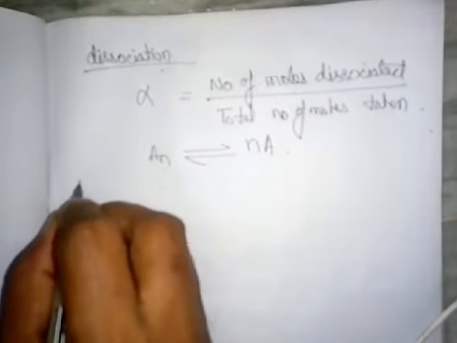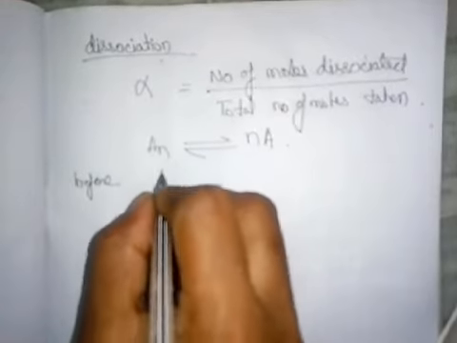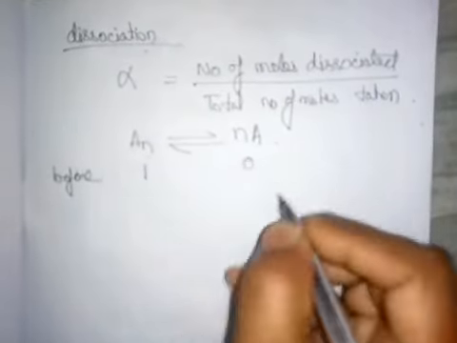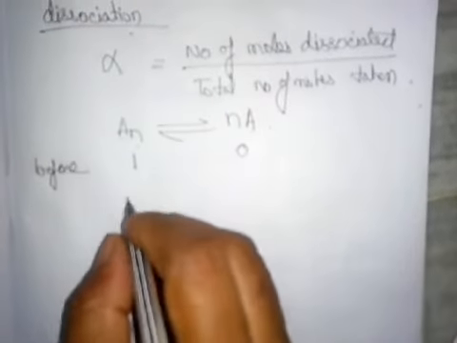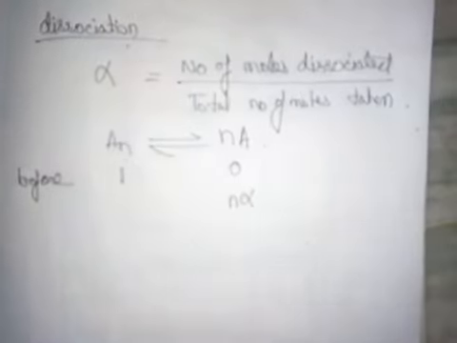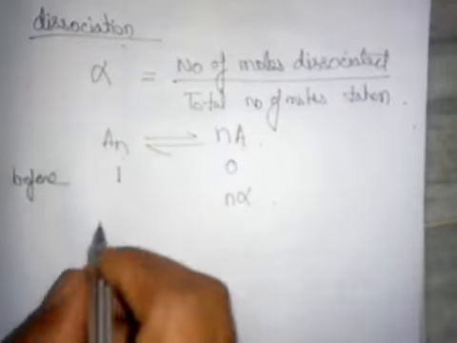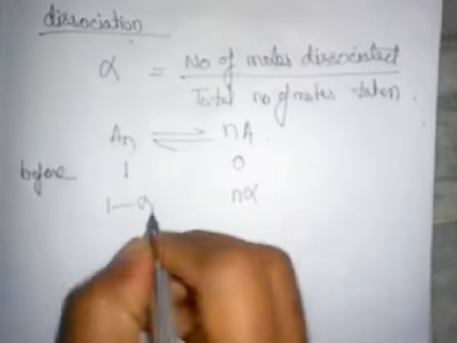That is, before dissociation we will take 1, so that here it is 0, and if alpha is the degree of dissociation, then at equilibrium n alpha molecules will be formed, and reactant side we can put 1 minus alpha.